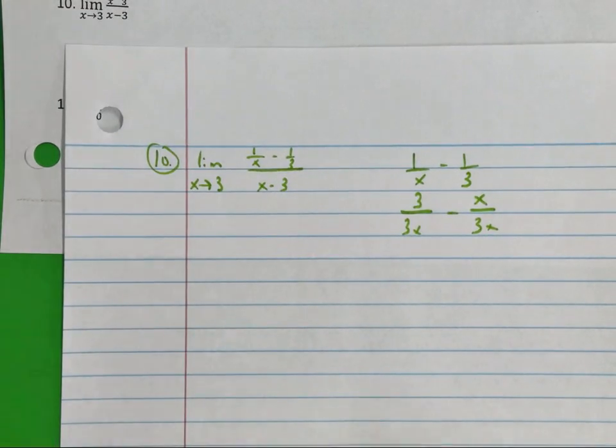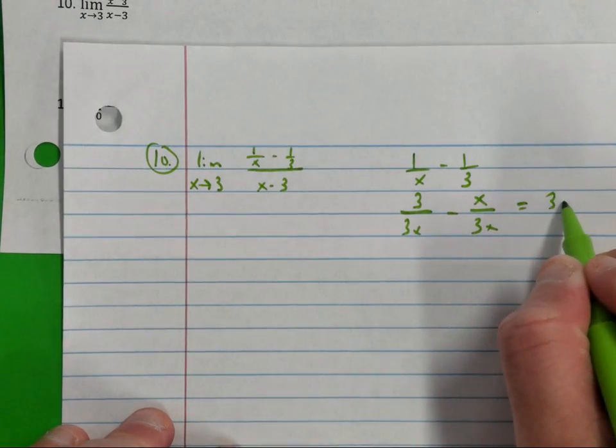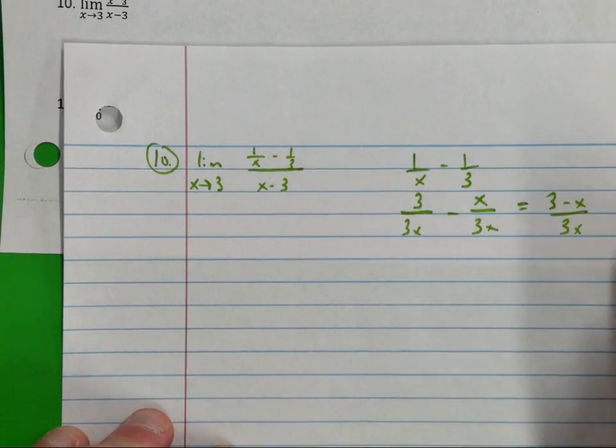Make sure you understand how I got 3 over 3x minus x over 3x. Is everybody good there? Find a common denominator. Alright, so I get 3 minus x over 3x.